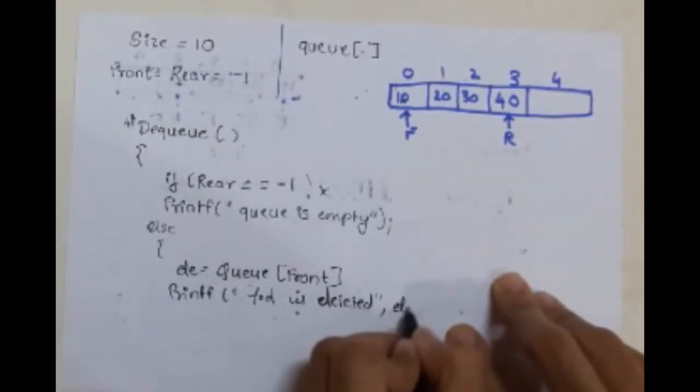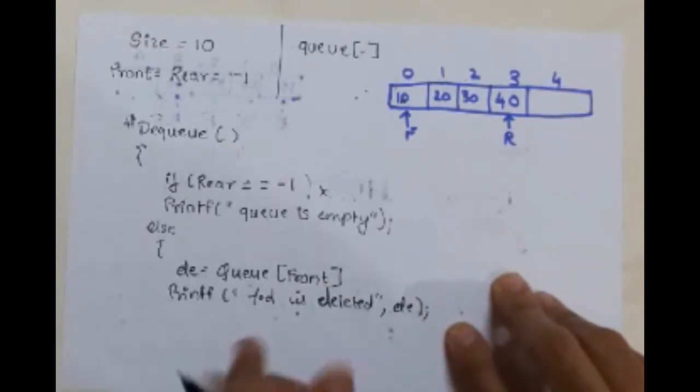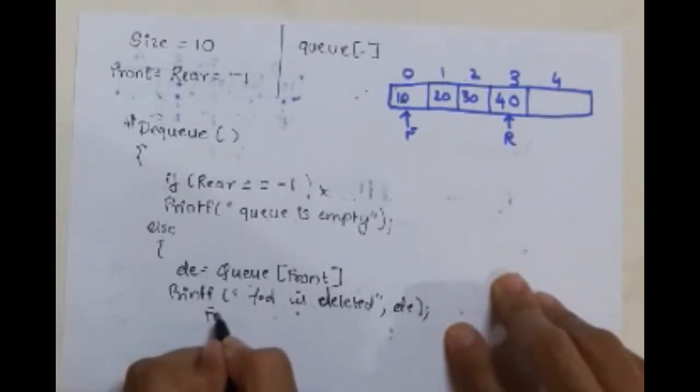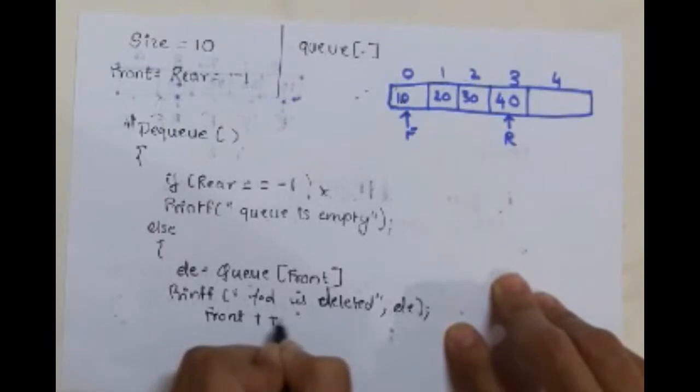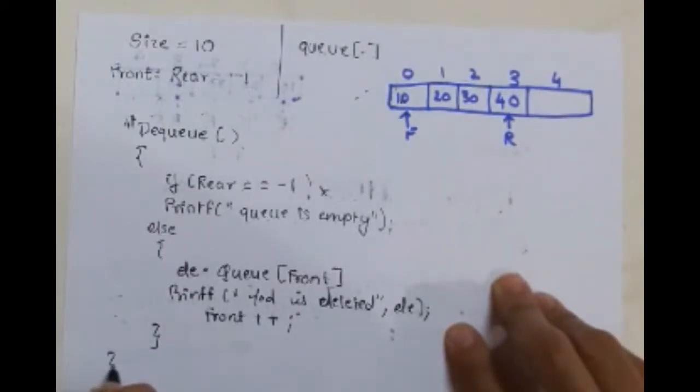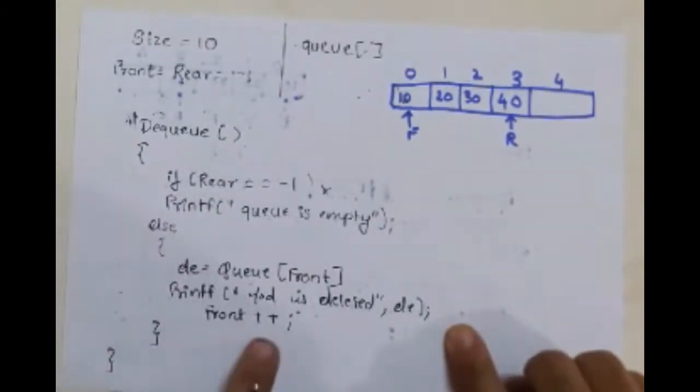And then after deletion, front will be incremented. So front plus plus. So this is a simple DQ operation.